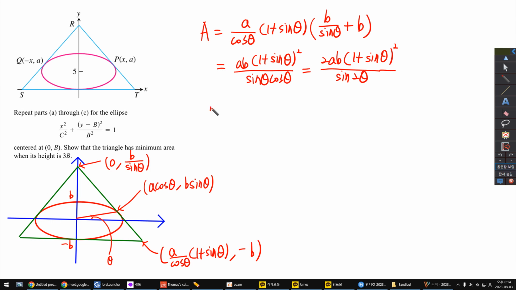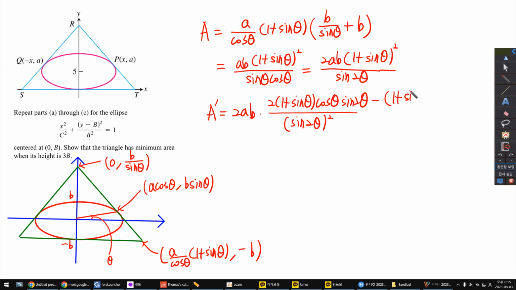So A prime is, we are going to use the quotient rule. Yeah, so this is the derivative, and for the minimum value, the derivative should be 0.